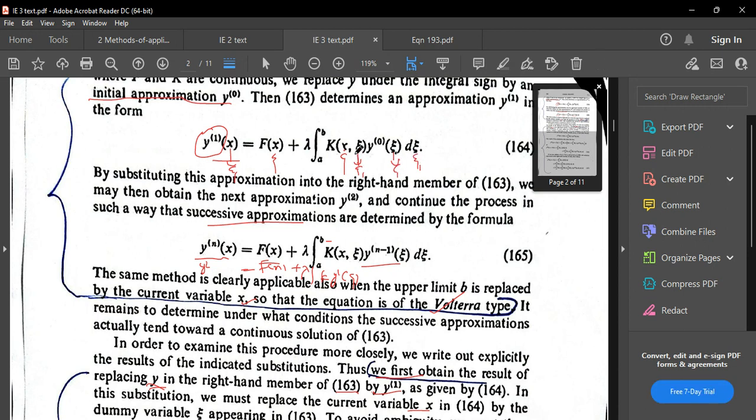Then only do x and psi vary over all the values between a and b. If we do not replace, then the kernel will only take values psi comma psi, that is identical values only. By replacing this, the kernel takes all the values psi and psi1 from the interval a to b.